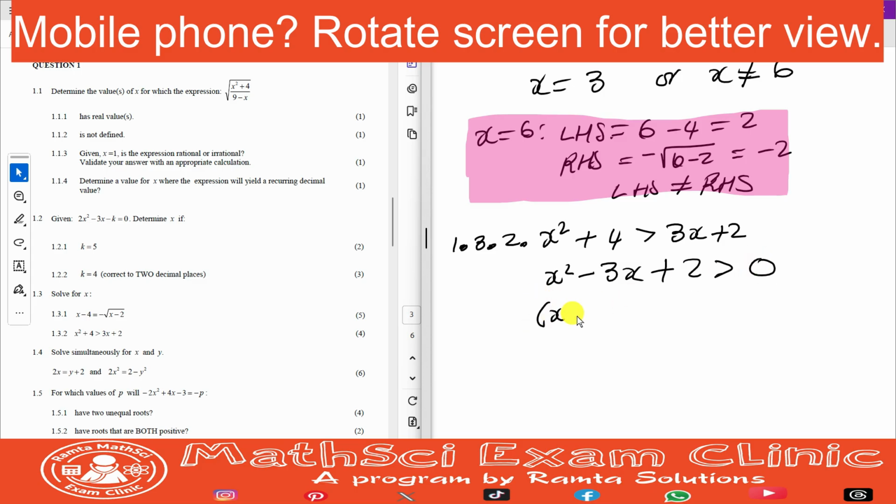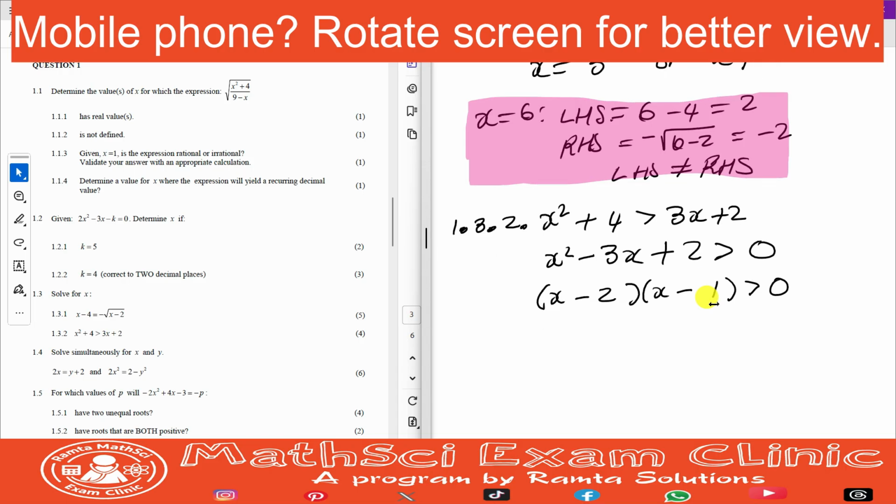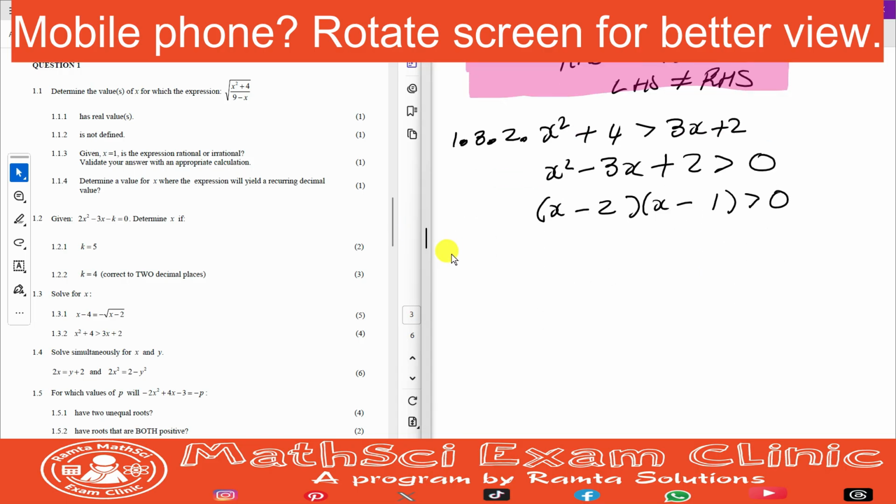Factorizing, open bracket x minus, give a space, close, open x minus, give a space, close, is greater than 0. The constant here is positive, so both factors will take the sign of the middle term. Product of factors of 2 and 1, isn't it? So this is easy. So critical values.